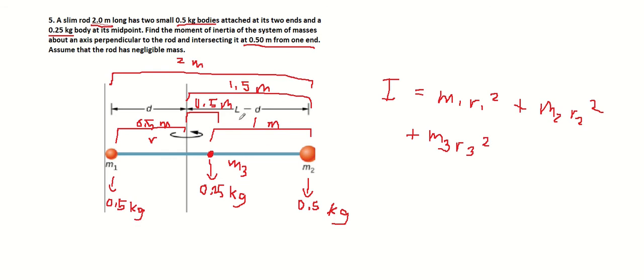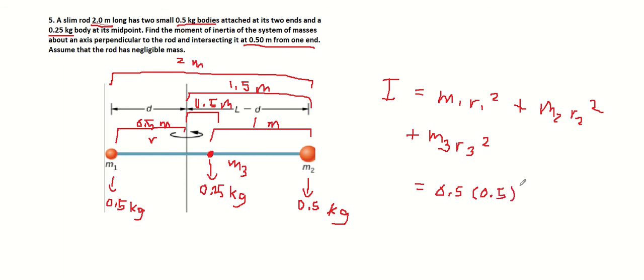Ayan, so ngayon, since na-identify na natin yung mga masses, and yung location nila, yung layo nila mula dun sa axis of rotation, ngayon, substitute lang natin. Mass sub 1 natin is 0.5. And yung distance niya mula dun sa axis of rotation is 0.5 din.